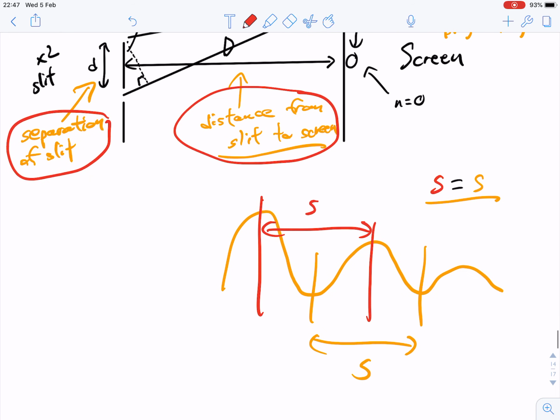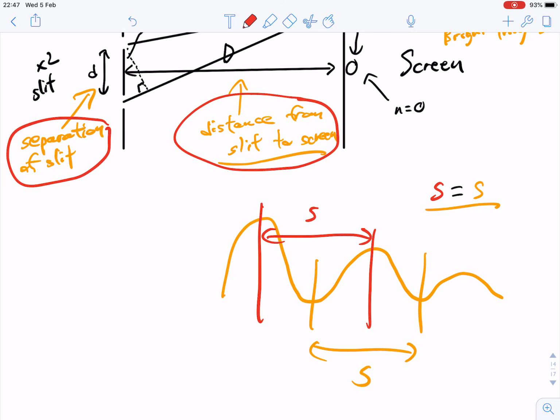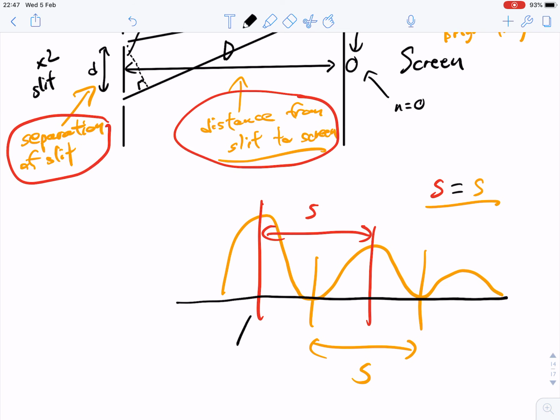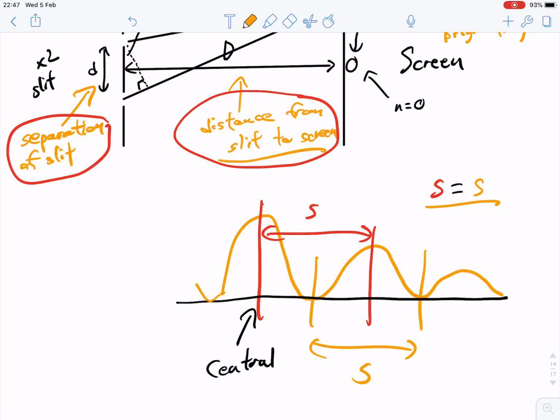So if we look at a diagram down here, we can kind of see that. If this part in the middle is the central, then the other side will sort of mimic that as well.